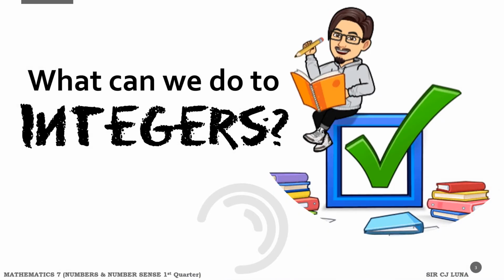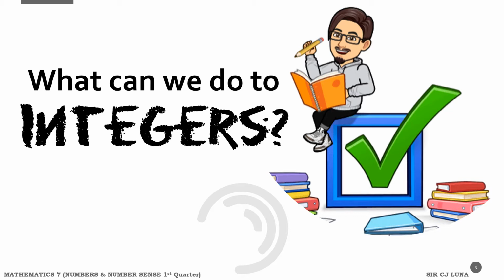Last time we talked about integers and their opposites. Additionally, you also learned how to compare them using the number line. This time, what else can we do to integers? Integers are whole numbers and negative numbers. To think of it, it is easier for us to add, subtract, multiply, and divide whole numbers, right?